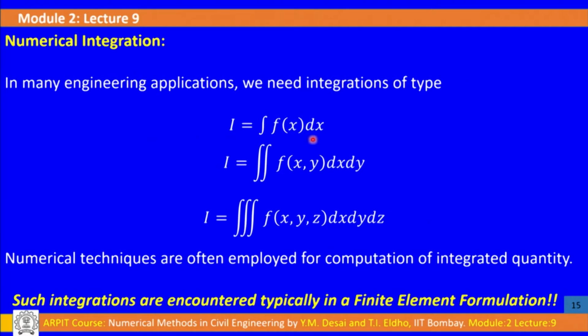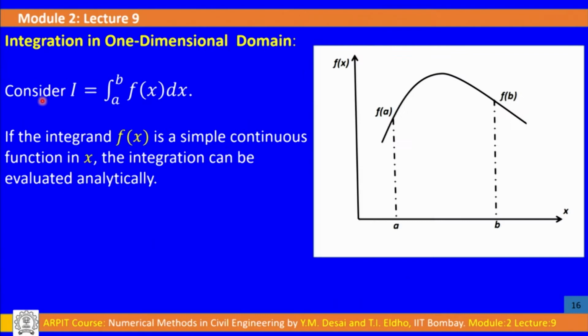So, let us start with integration in a one dimensional domain. Consider that we are asked to evaluate integration from a to b f x dx as shown in this sketch here. As I mentioned, we want the area beneath this curve, bound between the curve and the x axis for the parameter x equal to a to x equal to b.